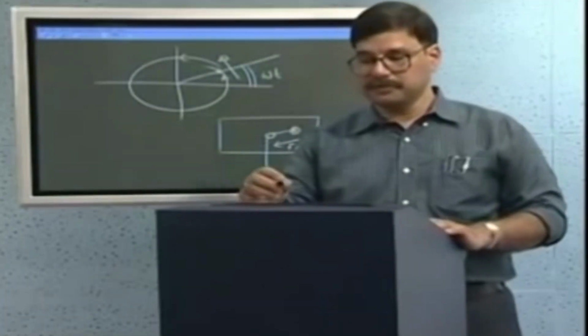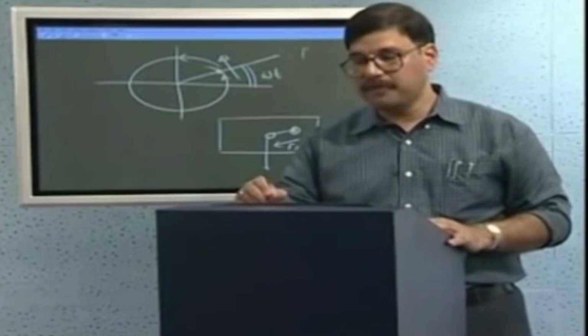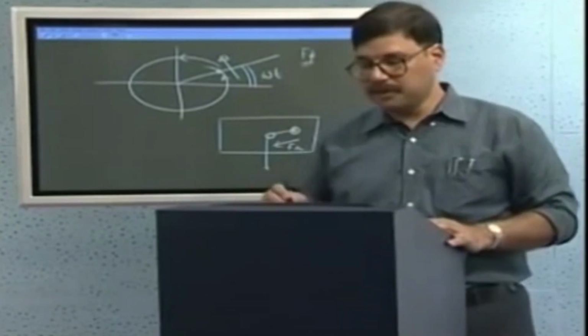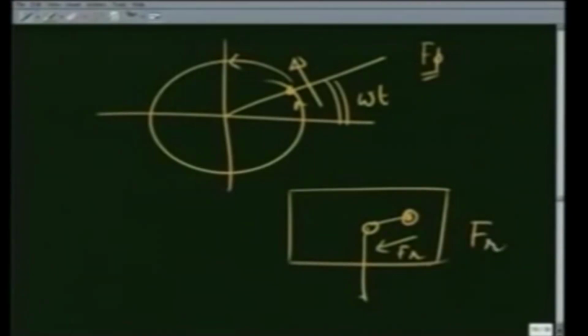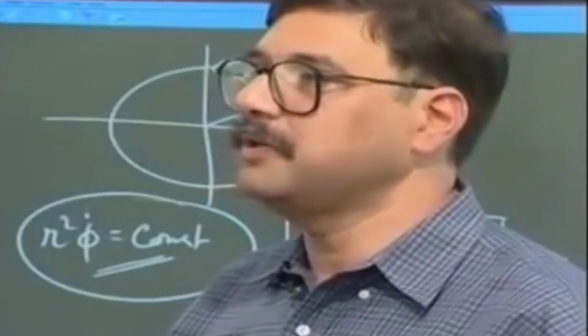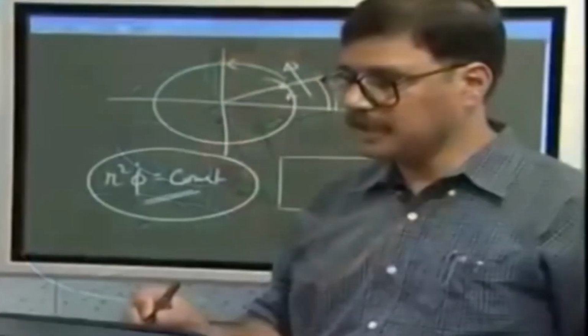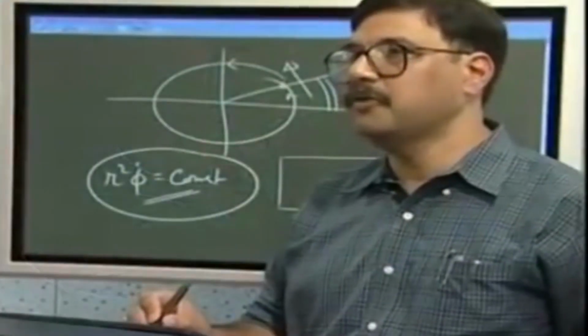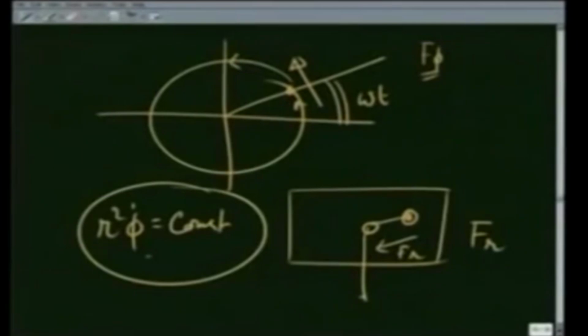In the first case, we solve for F phi. In this case, we solve for Fr. In this case, I also got r square phi dot to be a constant, and you would recall from your previous courses in your 12th grade that this is nothing but a statement of conservation of angular momentum. In this case, the force is radial, and therefore the conservation of angular momentum takes place.